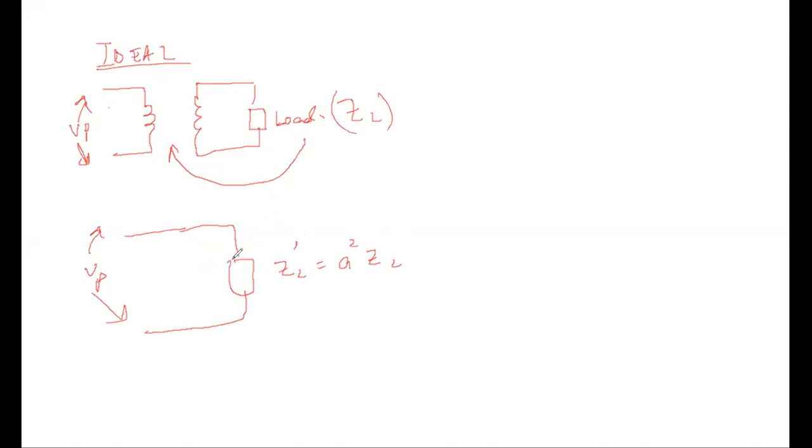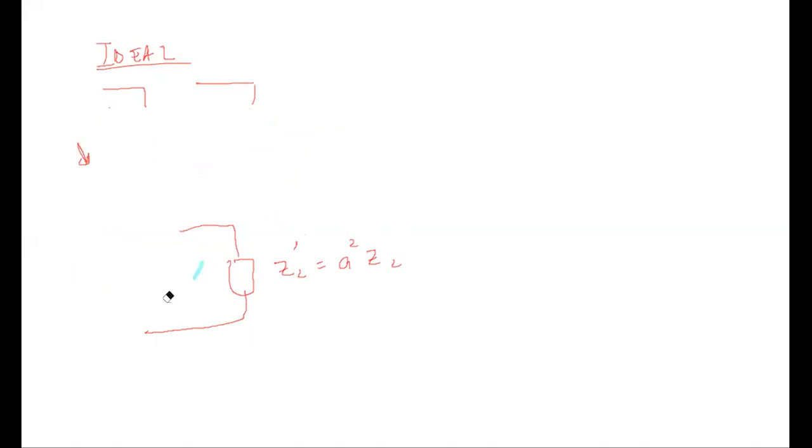So we already know these transformations. Now what happens when we work with the real transformer, and how can we make its equivalent circuit on the primary side?